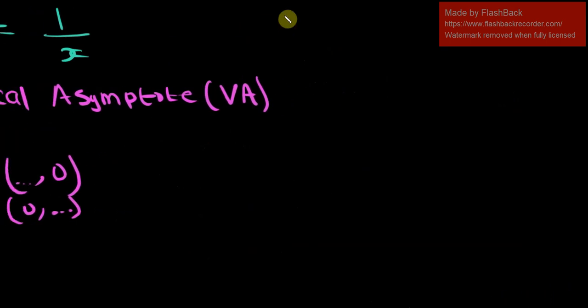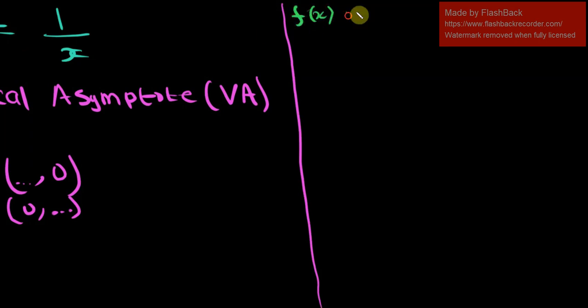We'll make some room here. P of x is equal to 1 over x. So how do we find the vertical asymptote? Number one, let's find the vertical asymptote, VA. If you want to find the vertical asymptote, we equate the denominator to 0.